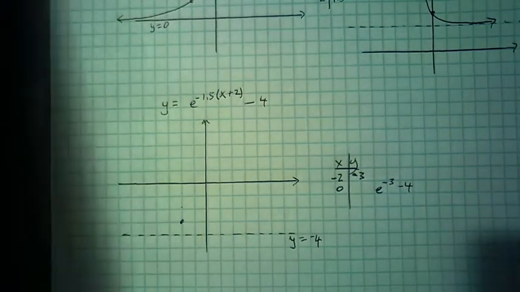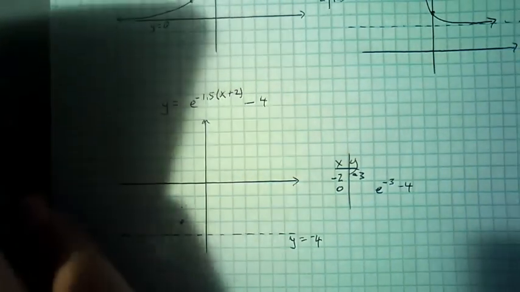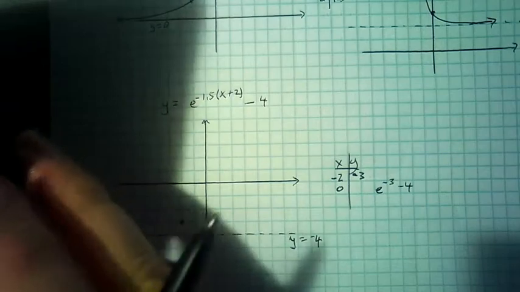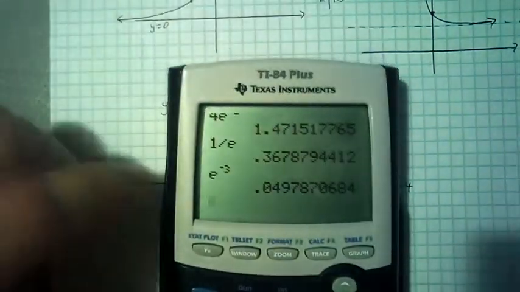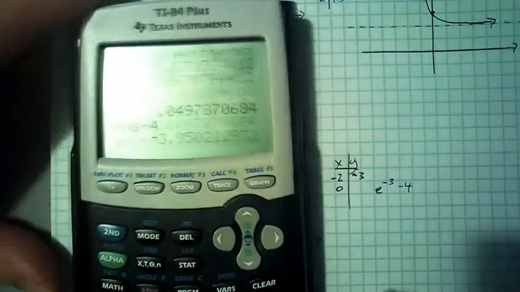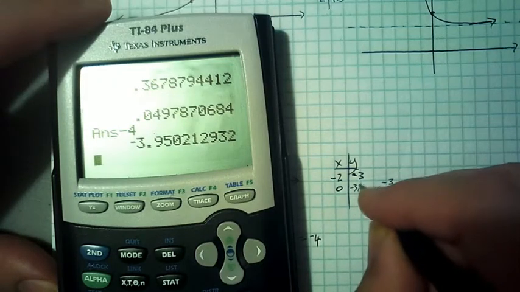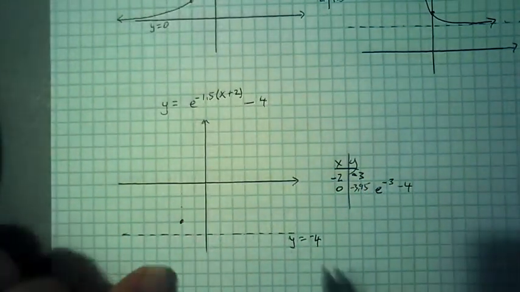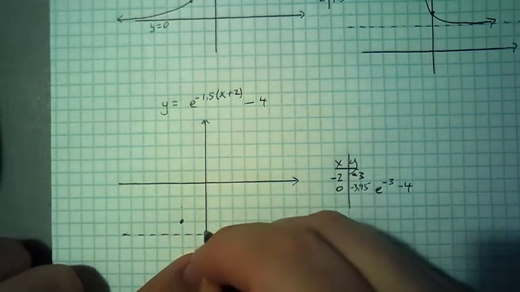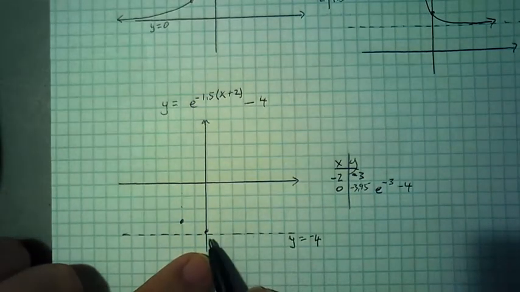Oh, that's going to be small. So e to the negative 3rd power is 0.497-ish. Then when I subtract 4, negative 3.95. So that's going to be really close to negative 4. Not really surprising. It's a decay function. It's going to be right close to the asymptote.